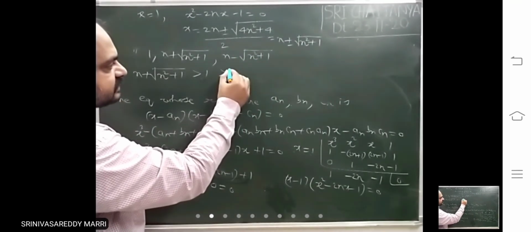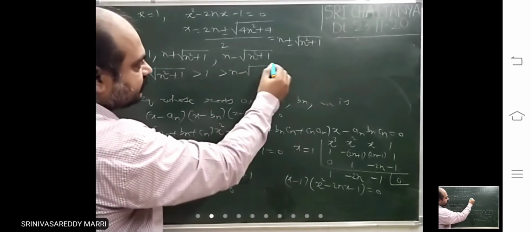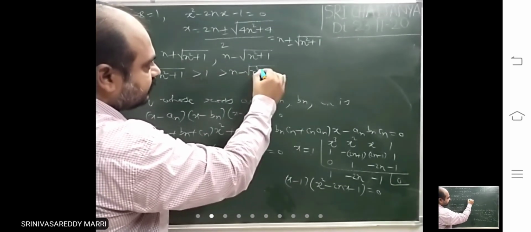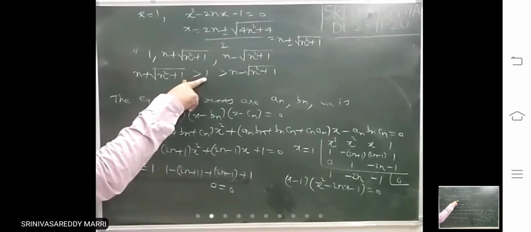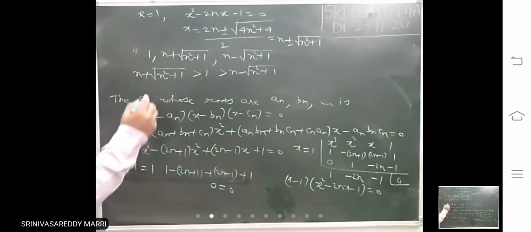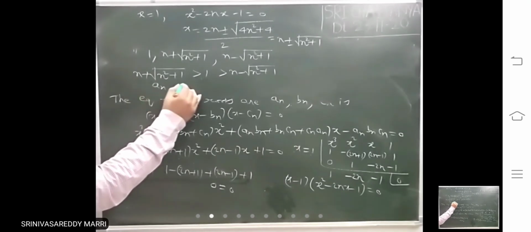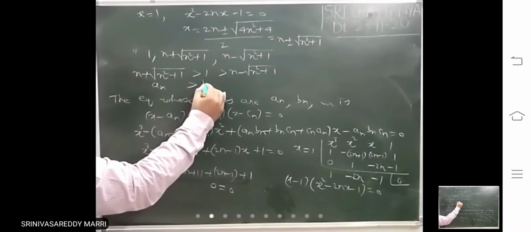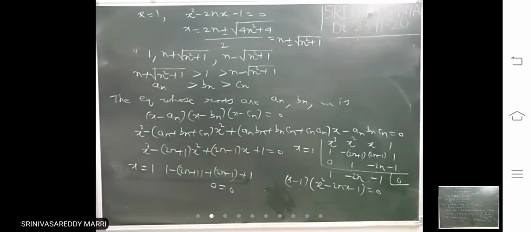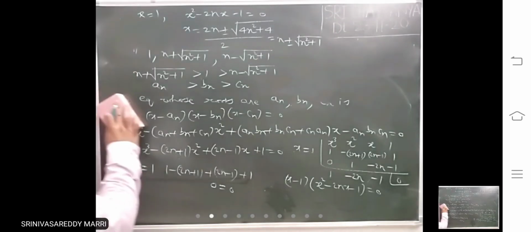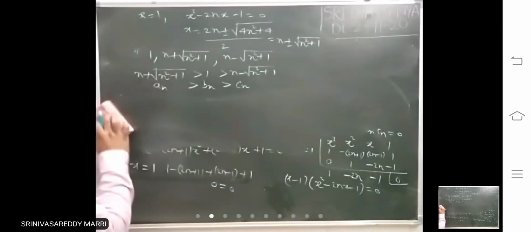In descending order, first the bigger root is this, after that this, after that this. Now given that the roots are an greater than bn greater than cn, we can say an is n plus root of n square plus 1. This is the bigger root. Now you got an.